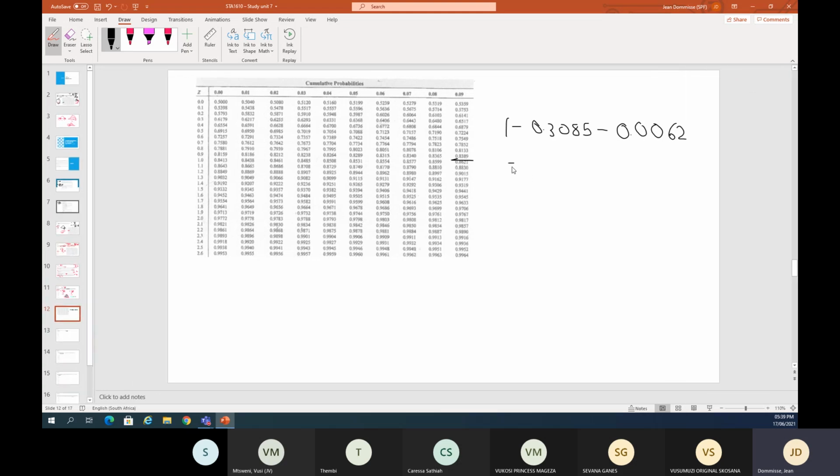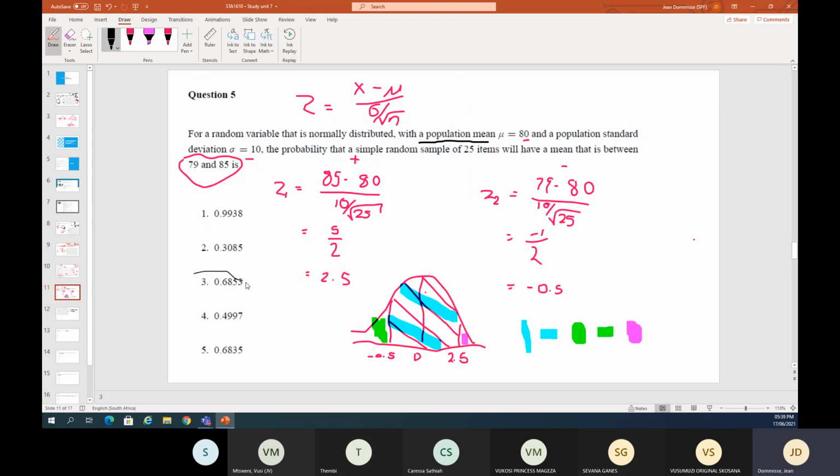So that would have been 1 minus 0.3085 minus 0.0062, and the answer should be 0.6853. Okay, so it is the right answer that I got. So that's the one way of doing it.